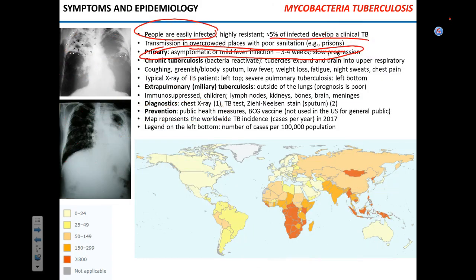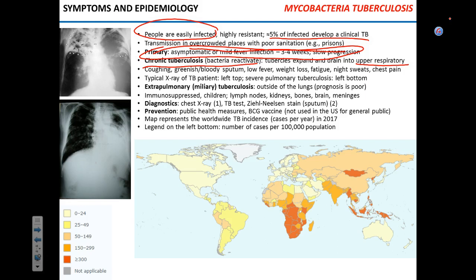Now, if immune status is lowered or nutritional status is low, then primary tuberculosis may lead to a chronic infection. And in this case, bacteria start to drain from the tubercles in the upper respiratory tract, and the person becomes infectious and can transmit the disease to other people.